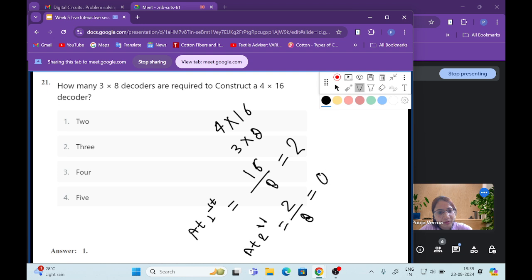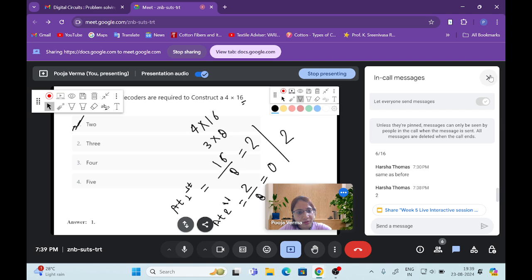If we add these two, we will get 2. So only 2 decoders are required to construct a 4 into 16 decoder. That means 2 of the 3 into 8 decoders are required. So the first option is correct. Only 2 decoders are required.